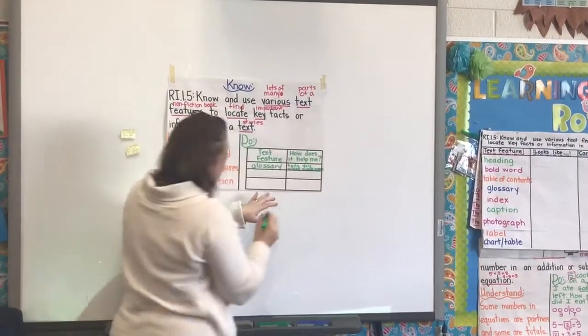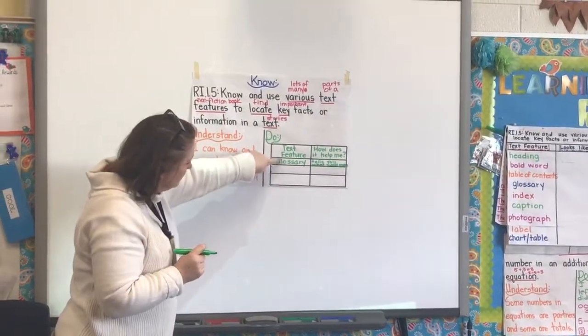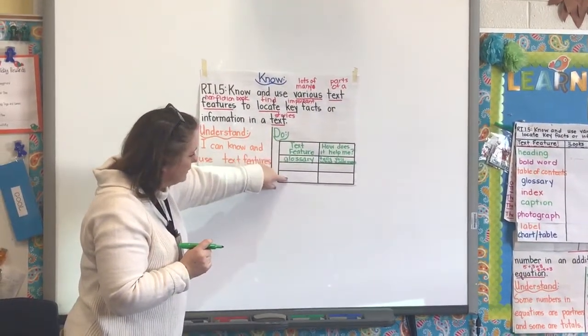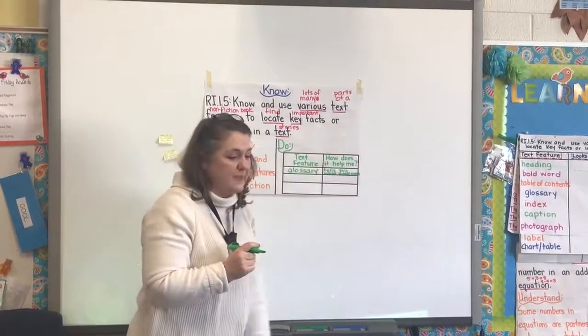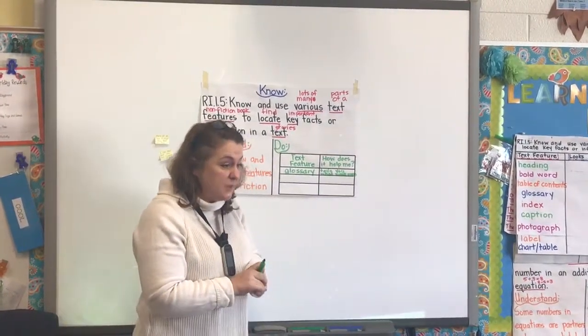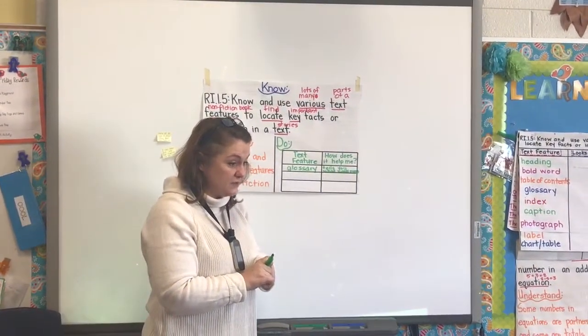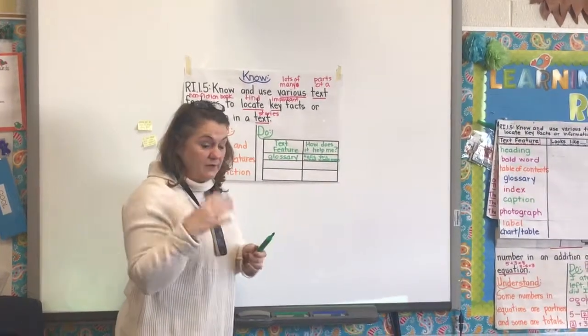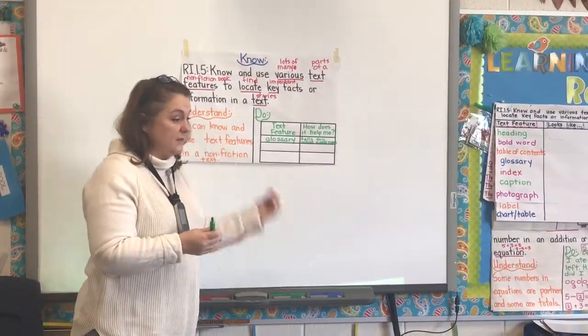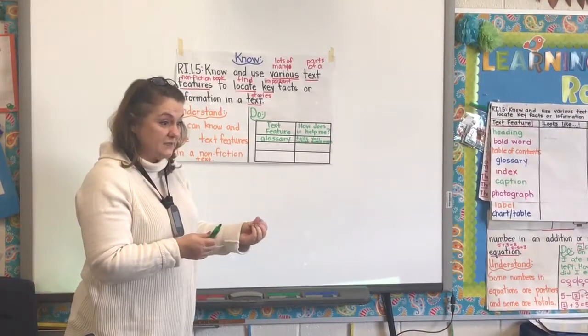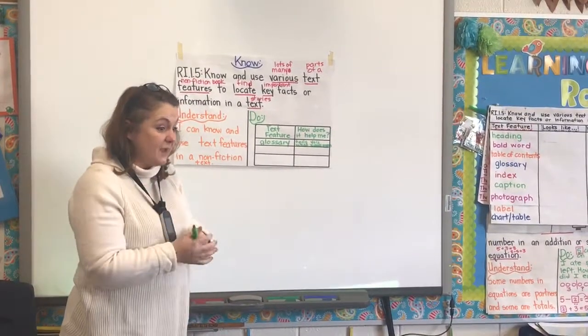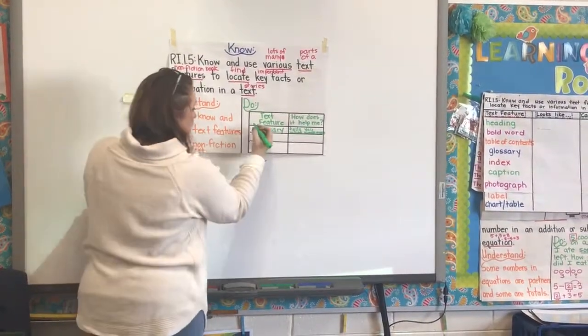Good. So we're going to make a list as we read a nonfiction story, and we're going to pull out all those text features, and then you're going to be able to use those to help you understand the story better. So if there's a bold word, you're going to be able to go to the glossary and know exactly what it means, right? If there's a table of contents, what does that help you to do?